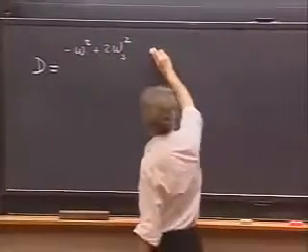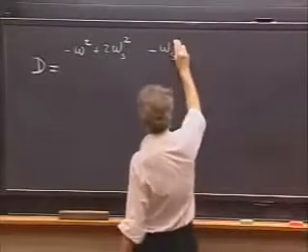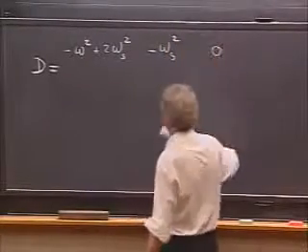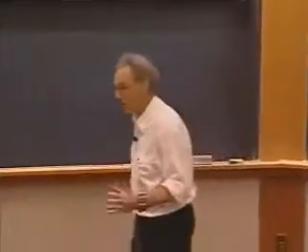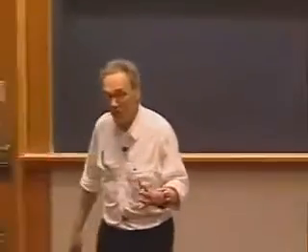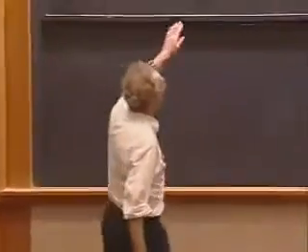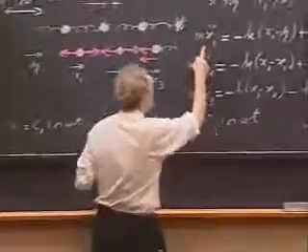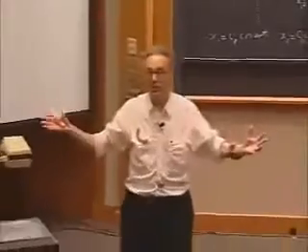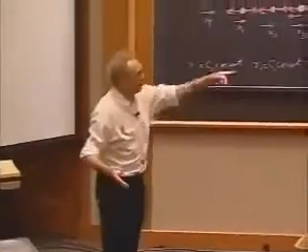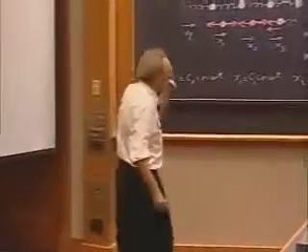Then you get in the second column minus omega s squared. And in the third column you get a 0. No surprise that you get a 0 in the third column, because the first differential equation has no connection with x3 at all. And so you never see anything in the third column that will be a 0.